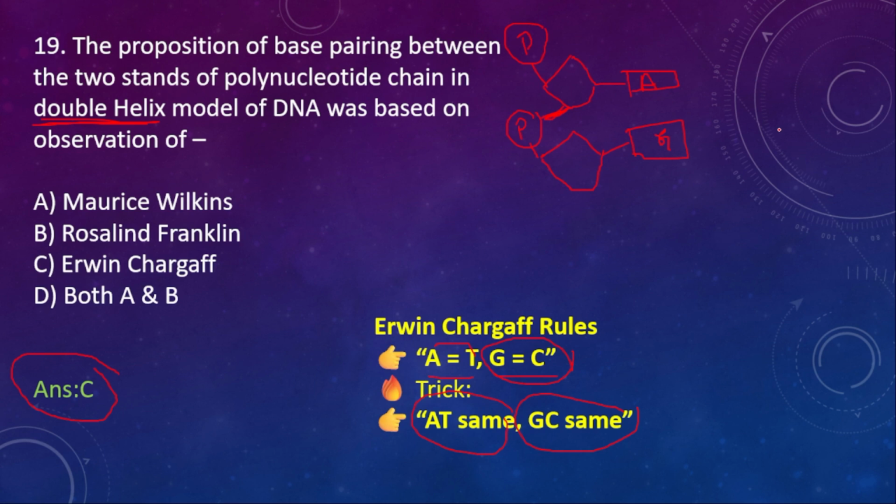To this one, oppositely, there will again be a pentose sugar, which will be anti-parallel. Anti-parallel means the phase will be opposite. I hope you people are getting it. And the nitrogenous base will be inwards, and one more pentose sugar here.